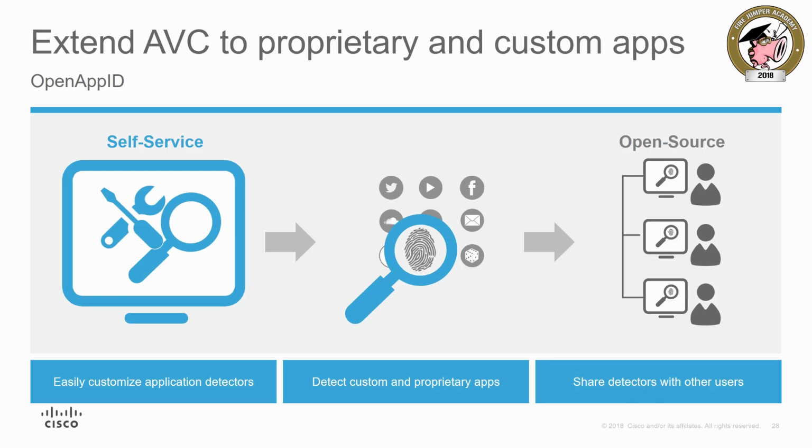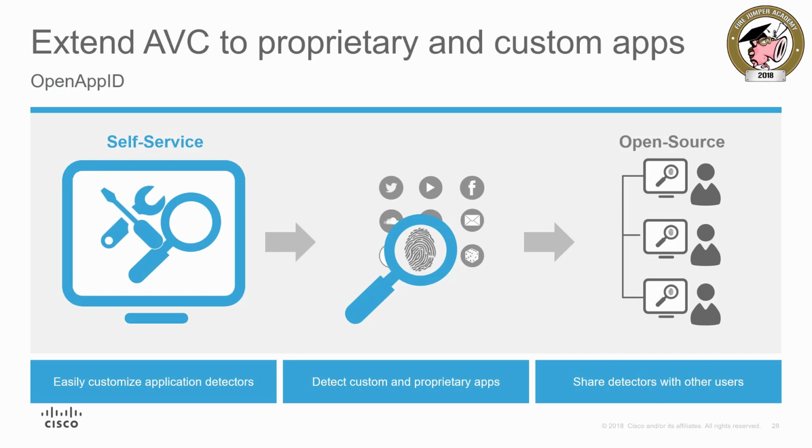Open App ID is Cisco's open source application focused detection language. It enables self-service creation and sharing of custom application detectors through an intuitive user interface and a simple language.